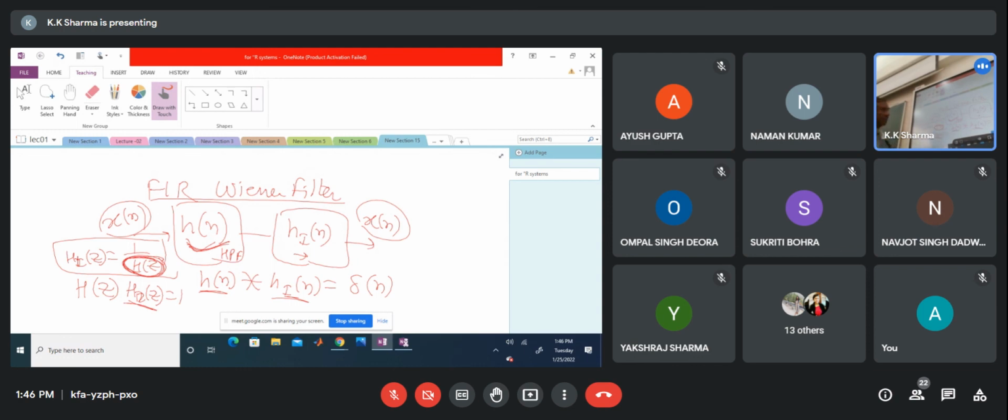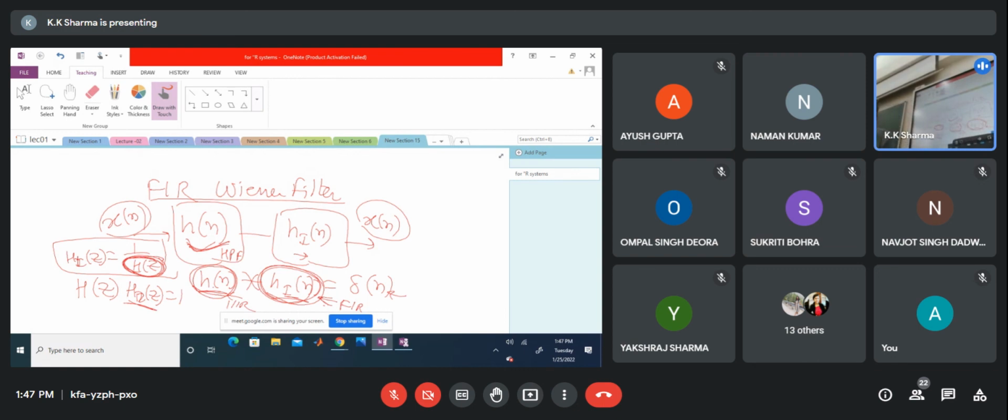So essentially, if I give you an infinite duration h of n, and if I desire this inverse to be FIR, this is also possible. This is infinite. I want to design an optimum FIR filter such that the output is as close to delta n as possible, or error is minimized.